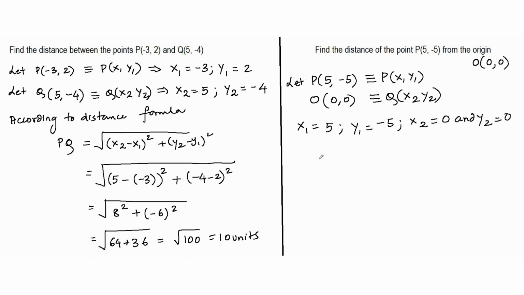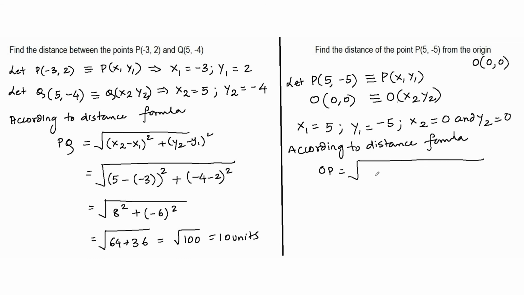So I know that according to the distance formula, by the way, the point should be O and not Q. So I can say that according to the distance formula, the length of OP is equal to under root of x2 minus x1 the whole square plus y2 minus y1 the whole square.